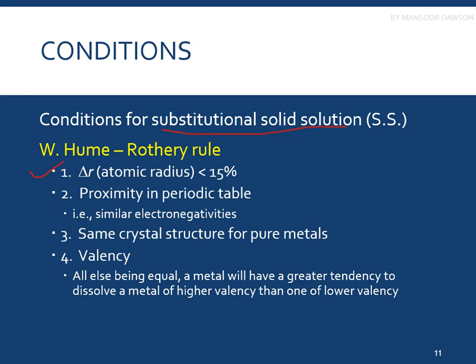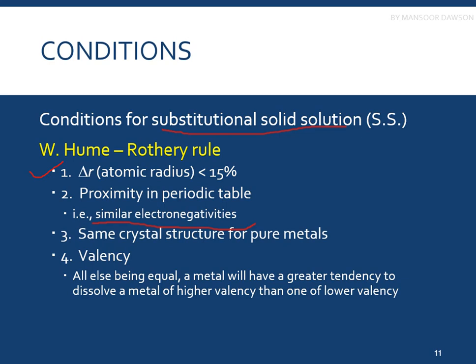Then we have proximity in the periodic table. The impurity atom and the host atom must have similar electronegativities. Then we have the same crystal structure as the pure metal. If you have an FCC structure of the host atom, the most favorable impurity to make a substitutional solid solution would be one that also has the FCC structure.